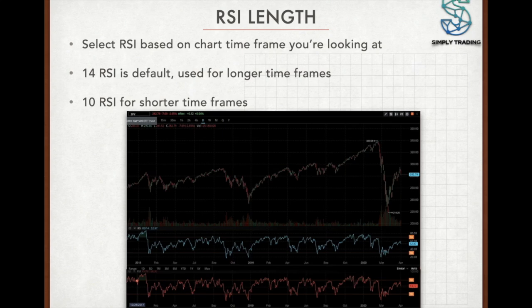The 10 RSI is based on 10 periods, and that is generally applied to shorter time frames than something like the 14 RSI, but they can often be used fairly close. Now you can see where it is overbought at the 70 line like we have discussed prior, and that it is oversold at this 30 line.